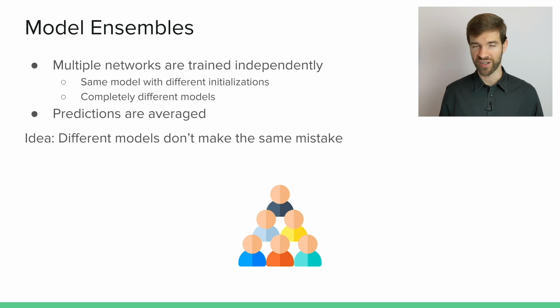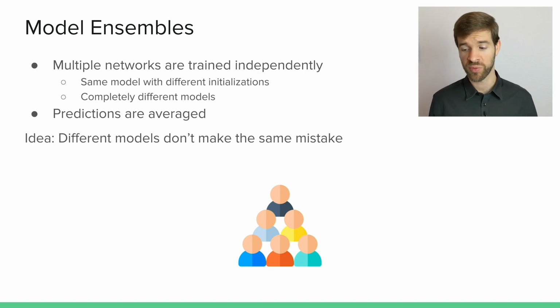Model ensembles are, as I just said, multiple networks that are trained independently, but then are used jointly. The idea is that you have the same model, but you initialize it differently. Every model is initialized with random variables and then they're trained on the same data set. If you start from a different point with a different initialization, the idea is that you end up at a different optimum.